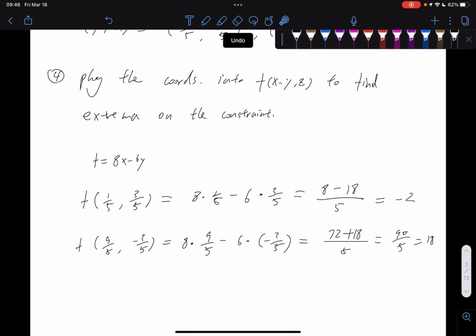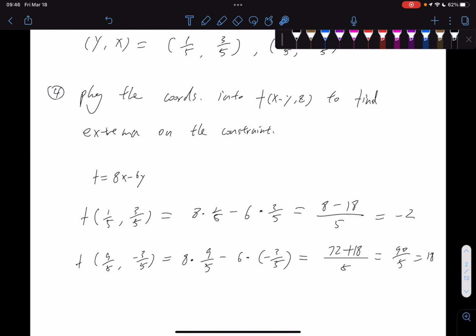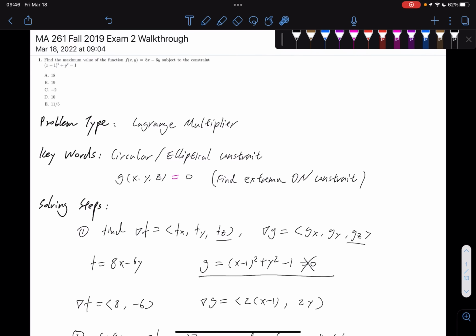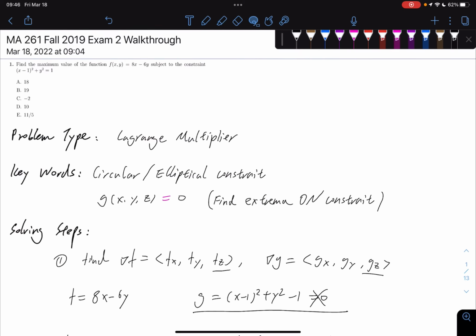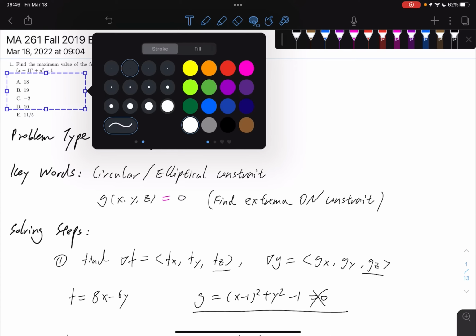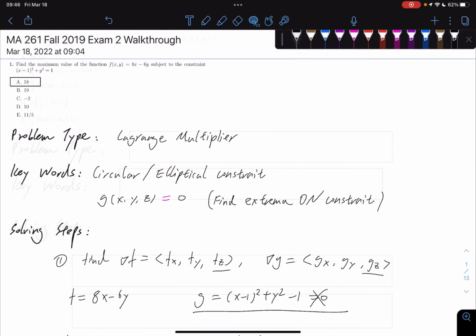So obviously this extrema will be larger. So we just need to solve for the second coordinate to get our 18, and that will be our maximum, sorry, the extrema. And that is the correct answer, alpha.